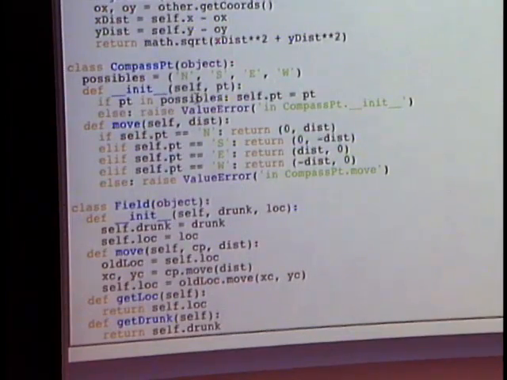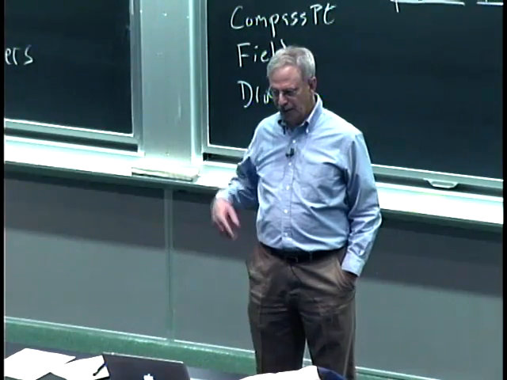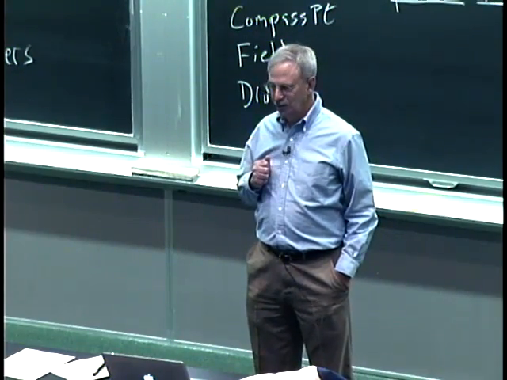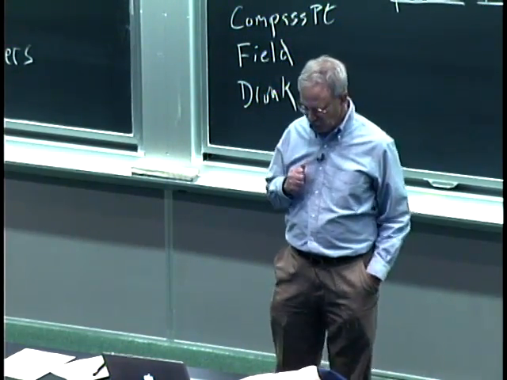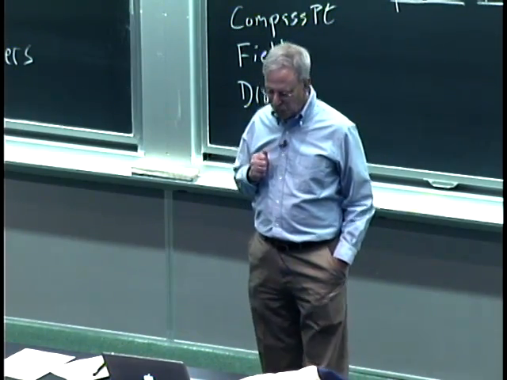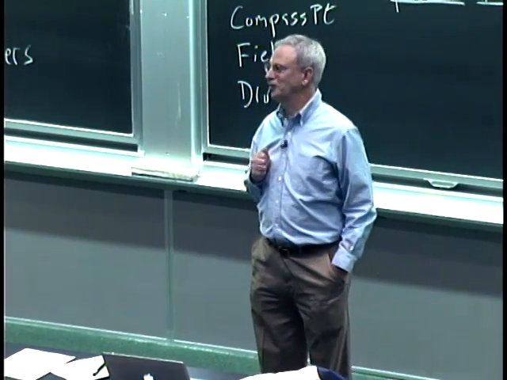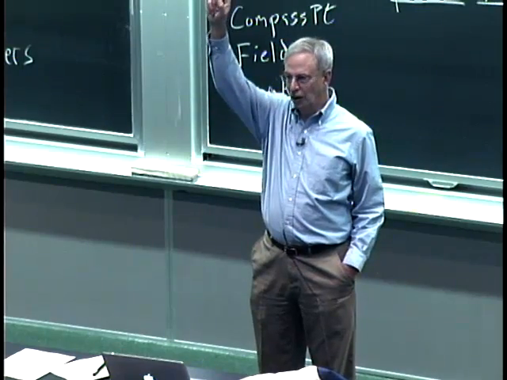And then I've got move here. I'll move self some distance. And you can see what I'm doing. If self is north, I'm going to return 0 and distance. So I'm now getting a tuple, which will basically be used to say, all right, we're going to increment x by 0 and y by distance, which is what you think of about moving due north.